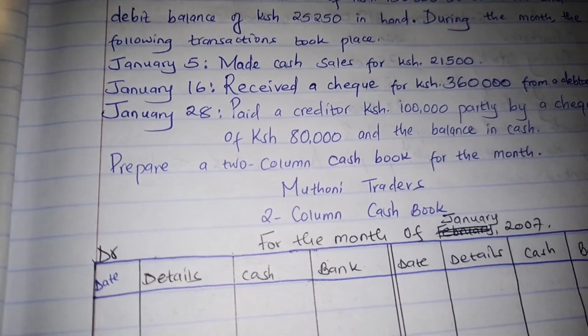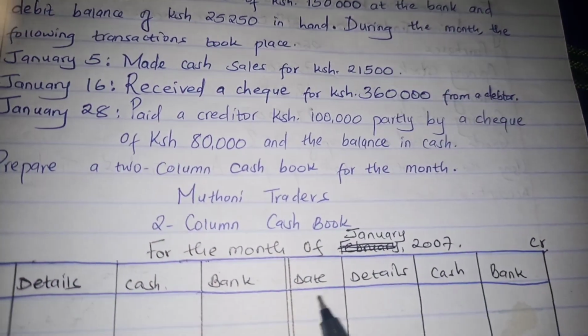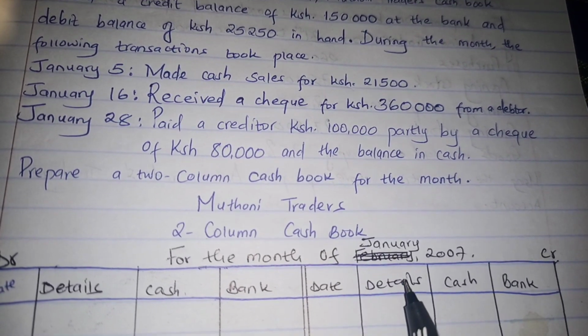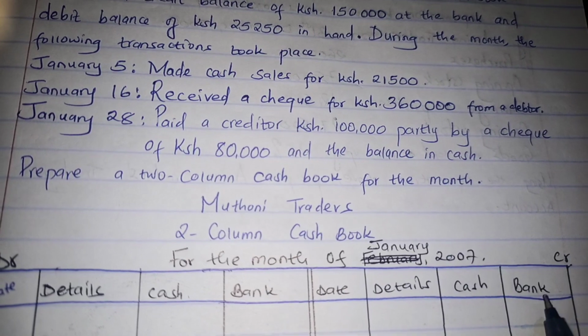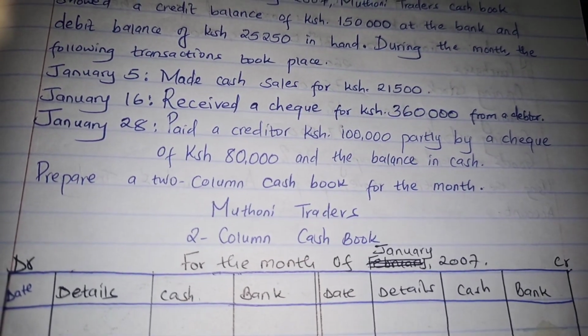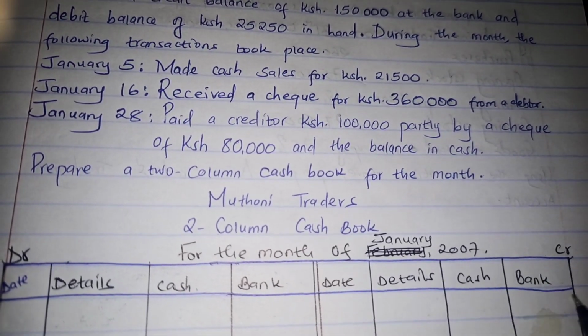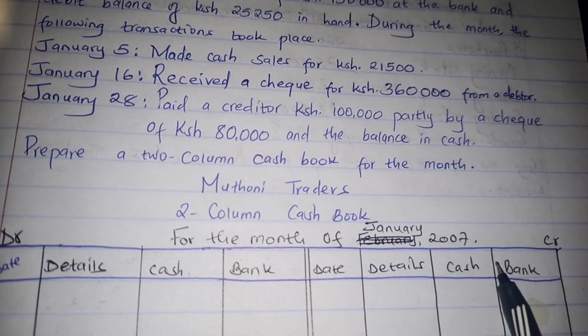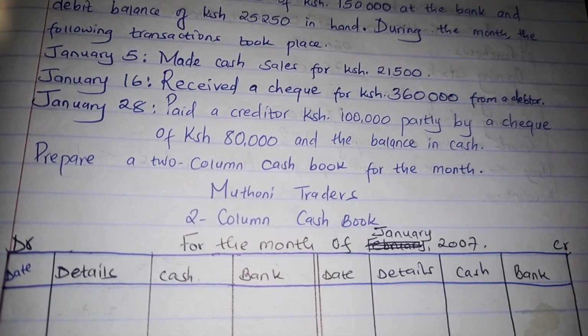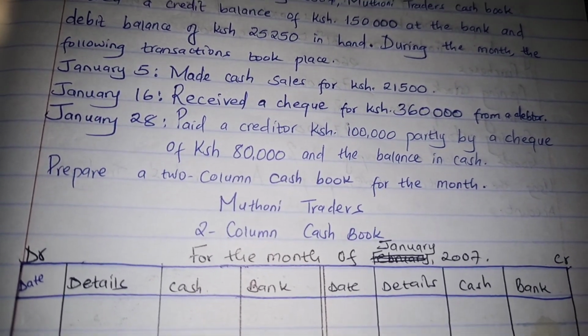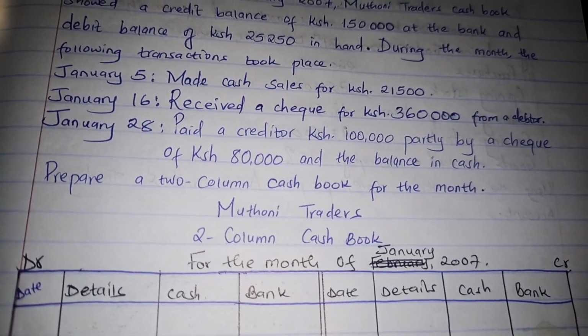The same case applies on the credit side. We have the date column, the details column, the cash column, and the bank column. You go to 3-column cash book, the money columns are 3, hence the name.